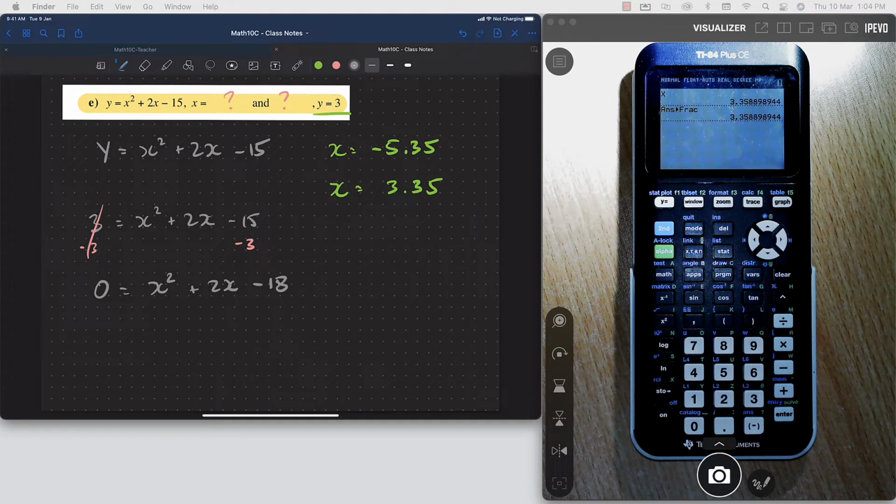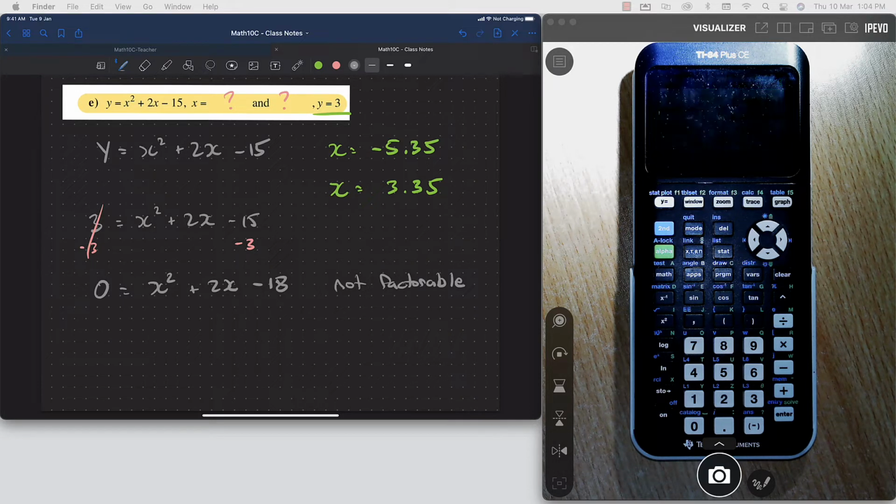Now, this one happens to be not factorable. If it was factorable, then I would be able to calculate my two different values of x, and I'll give an example of that right after this. But other than that, you're going to have to use what's called the quadratic equation.